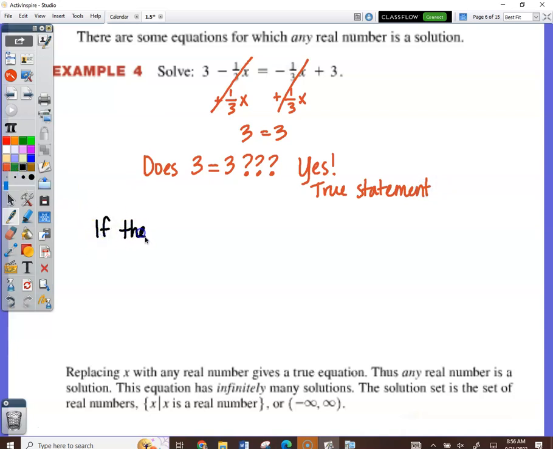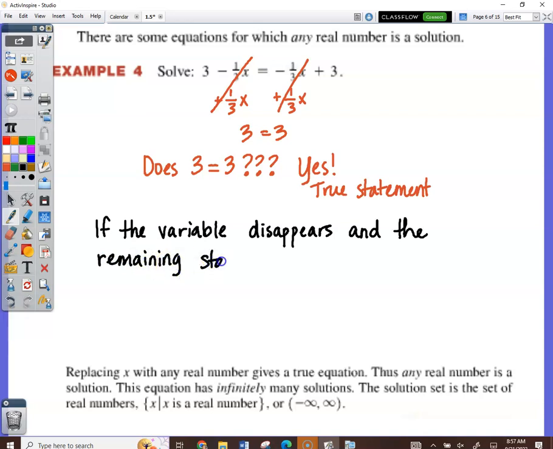If the variable disappears and the remaining statement is true, do you remember what the result is?